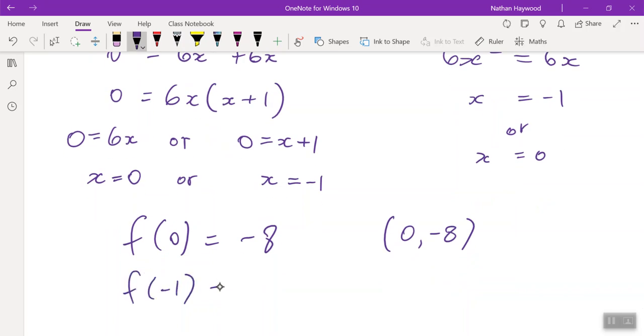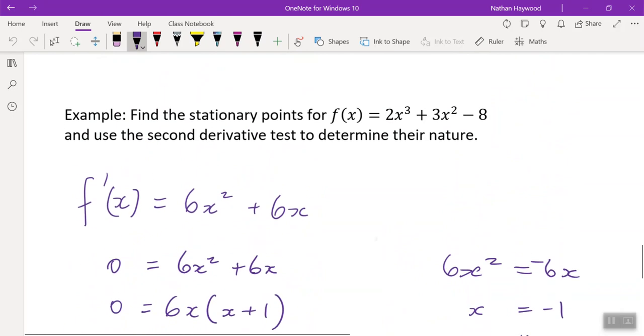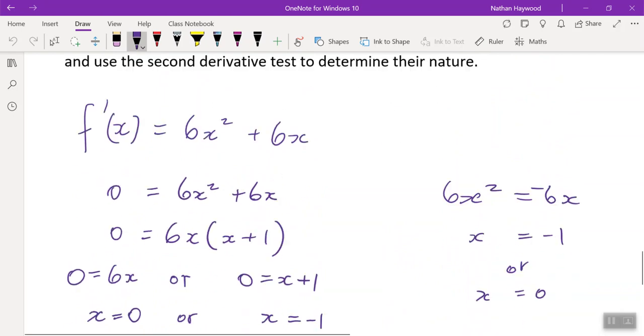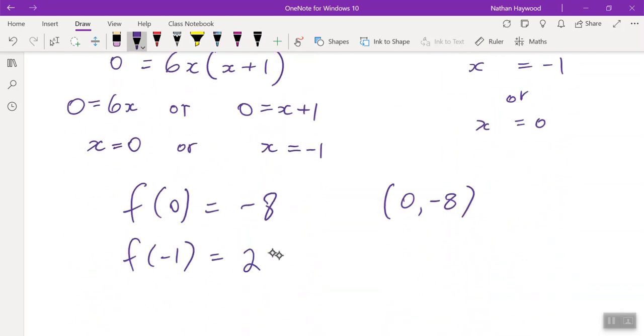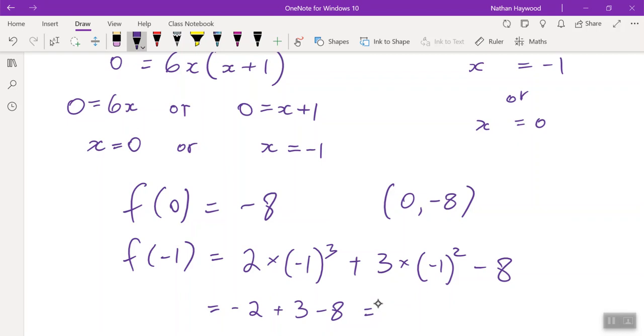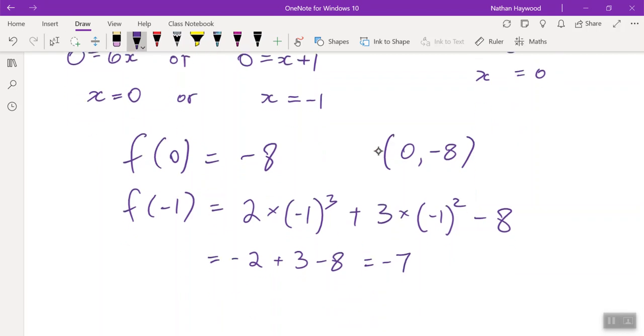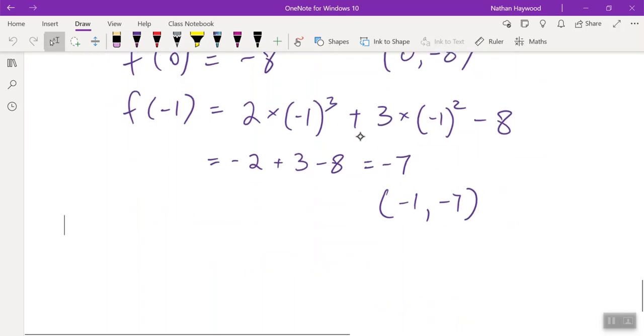This one's a bit trickier. So putting x is equal to negative 1 into this. Okay, so this is the first stationary point. This is the second stationary point. So we've got our two stationary points.